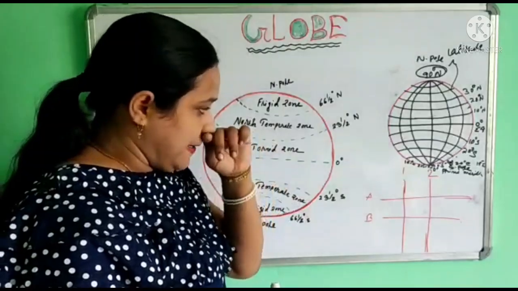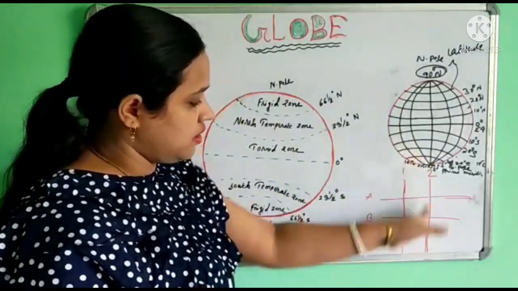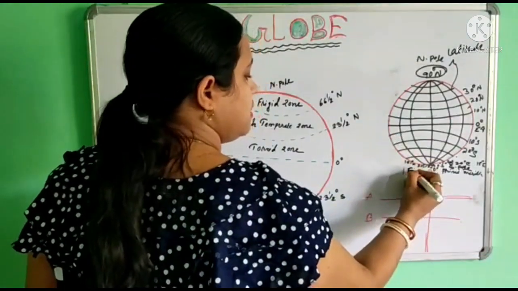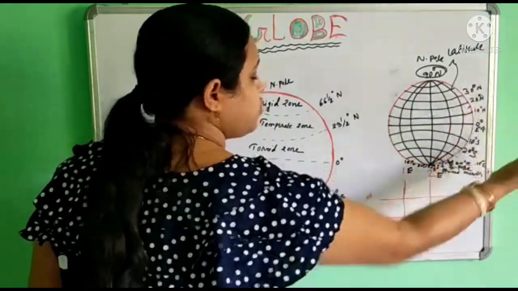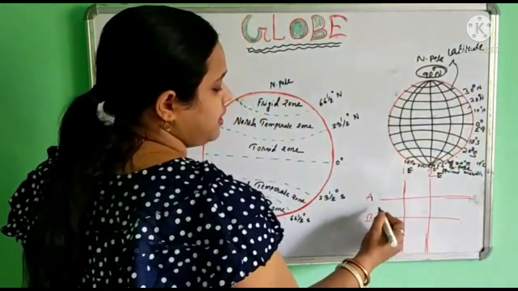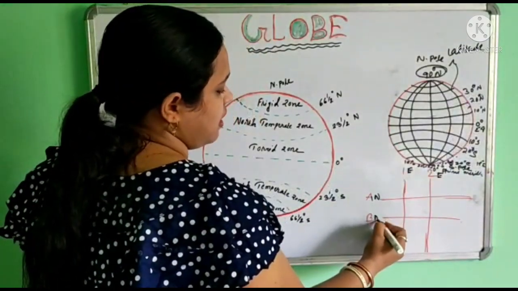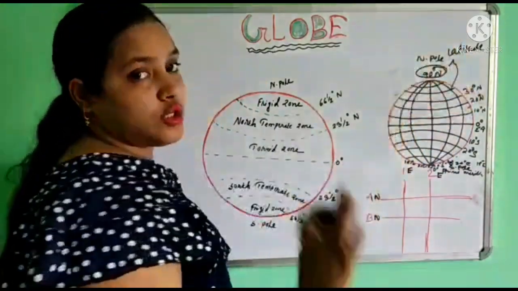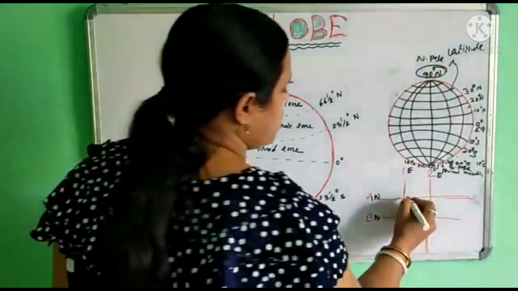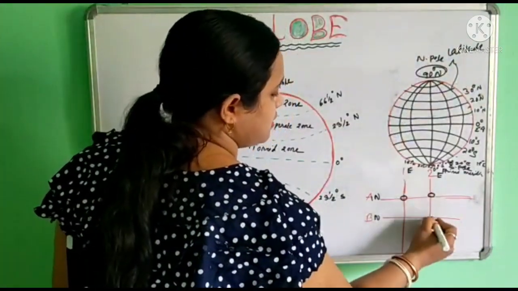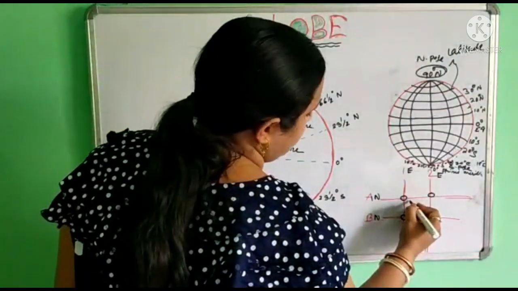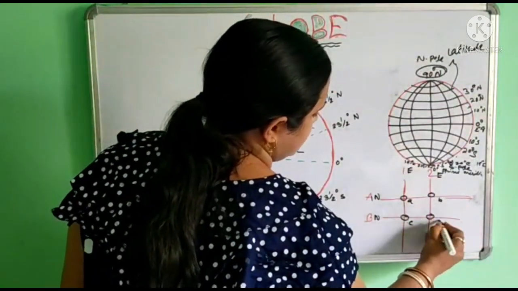Now these 1 and 2 represent eastward longitude, and A and B represent the northern hemisphere. So I just put some small circles randomly here and here, and give names as A, B, C, D.